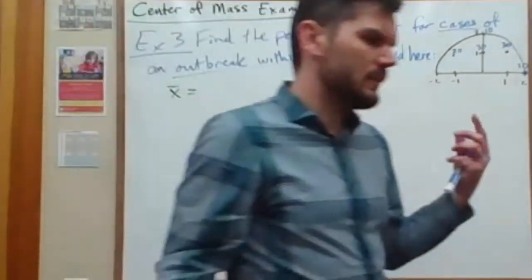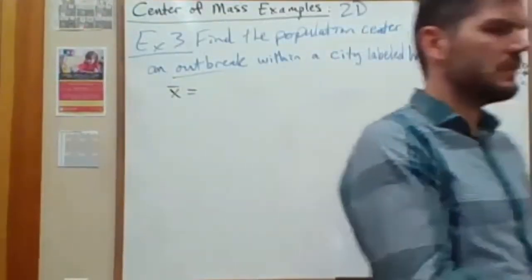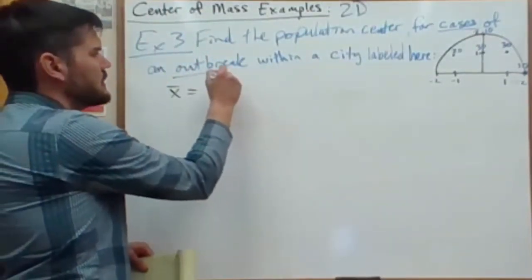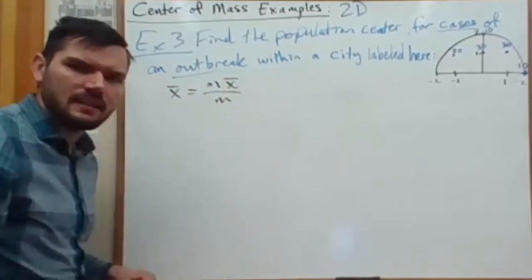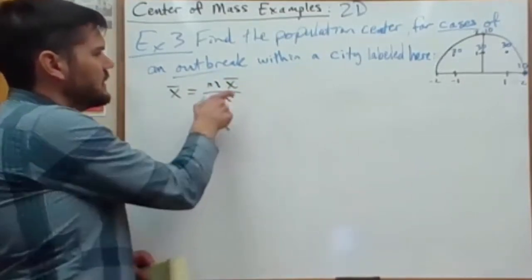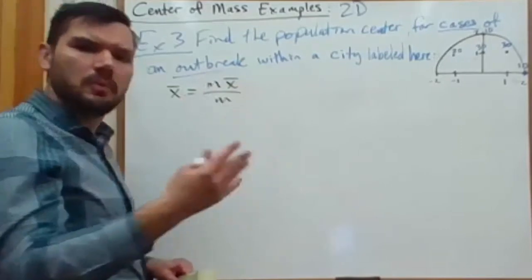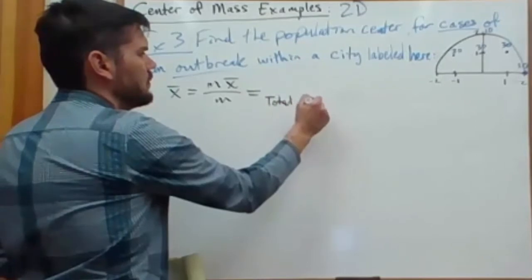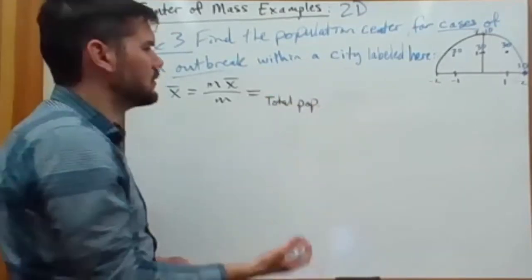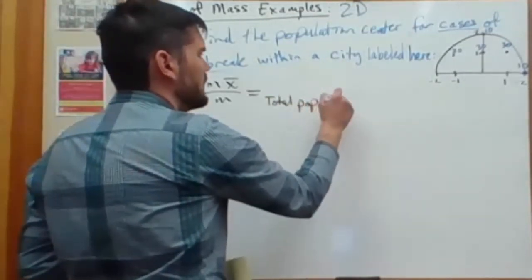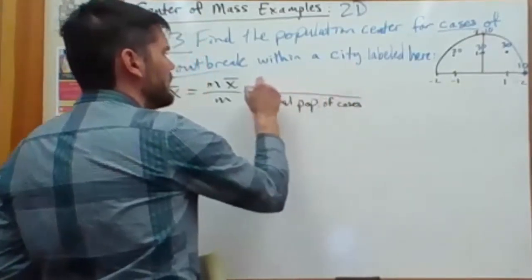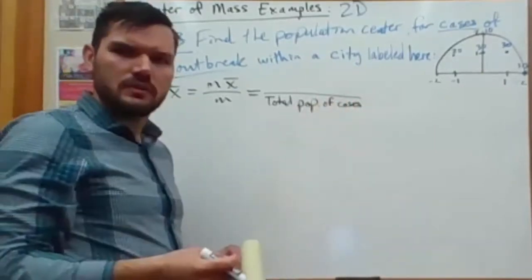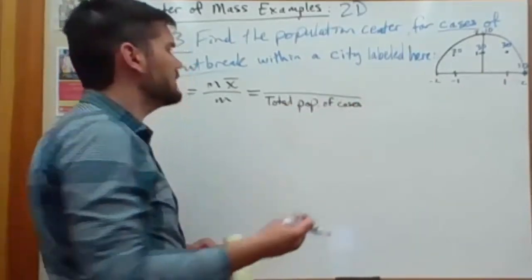To rethink of this in terms of what we've done so far, we again think of the moments, Mx bar, and the mass M. But in our case, the mass M will be the total population of cases. And our Mx bar will be the weighted amounts of cases by their distances.